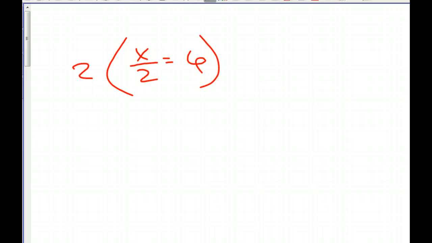But if there's not an equal sign, I can't get rid of the denominator. All I can do if I'm given a problem without an equal sign is simplify: combine like terms, bring things together, find common denominators, that kind of thing.